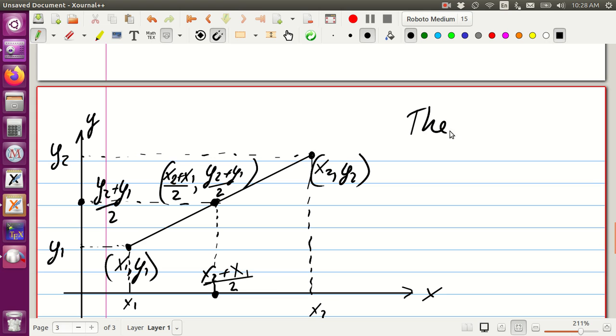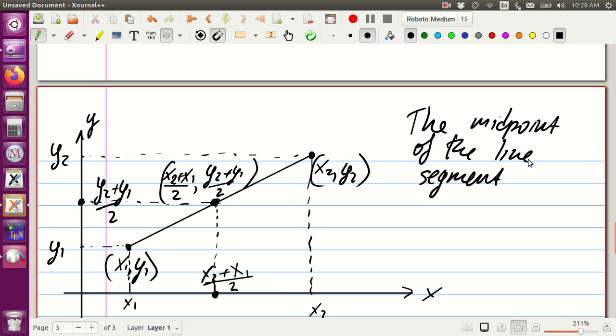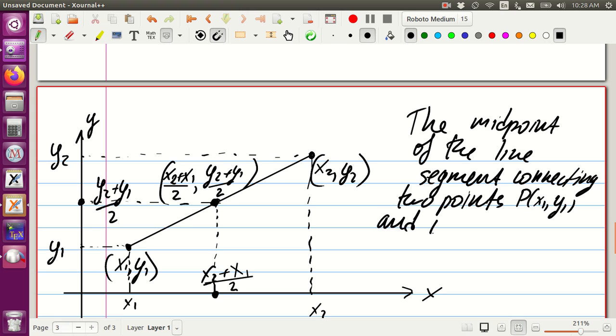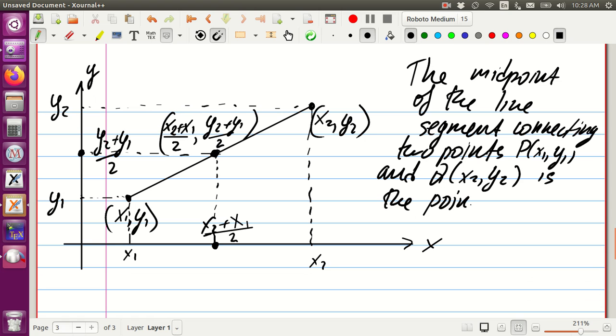All right, so we can say that the midpoint of the line segment connecting 2 points P with coordinates x1, y1 and Q with coordinates x2, y2 is the point with coordinates (x2 plus x1) over 2, (y2 plus y1) over 2.